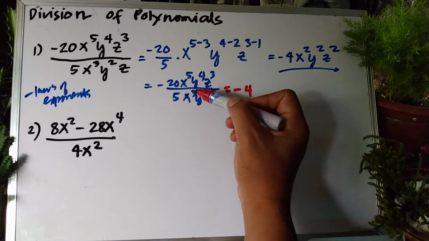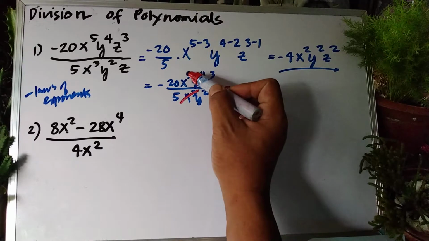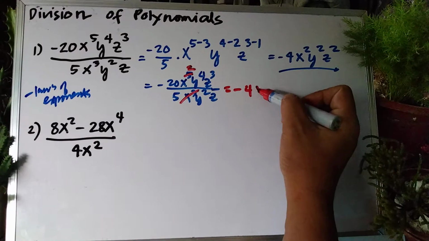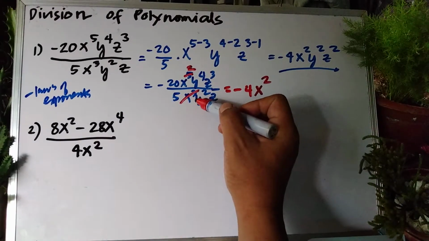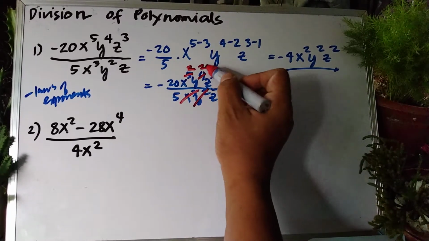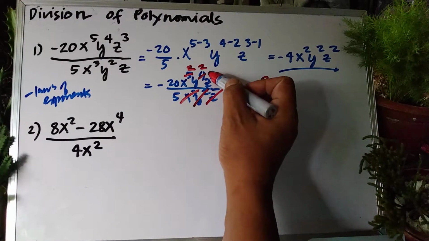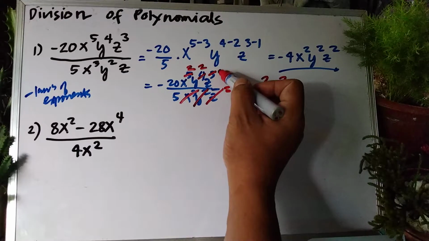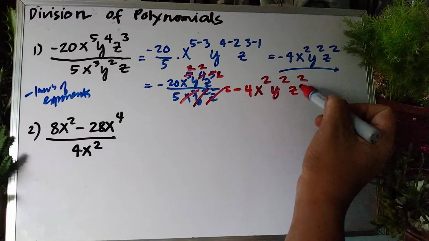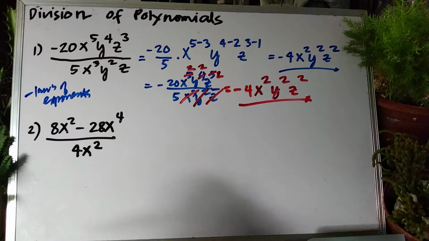In terms of x, makancel natin si x cubed, so x to the fifth becomes x squared. For y squared, doon sa numerator, y to the fourth, makancel natin si y squared, magiging y squared na lang. Si z, makancel natin yung cube, maminusan mo ng 1, so z squared na yan. Okay, just the same.